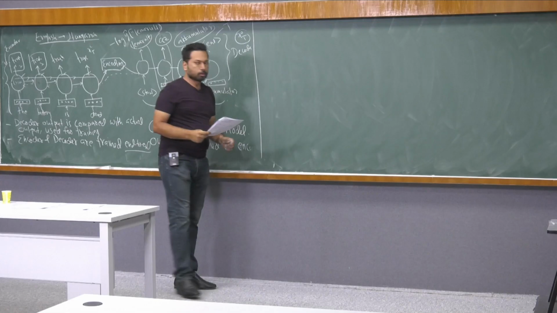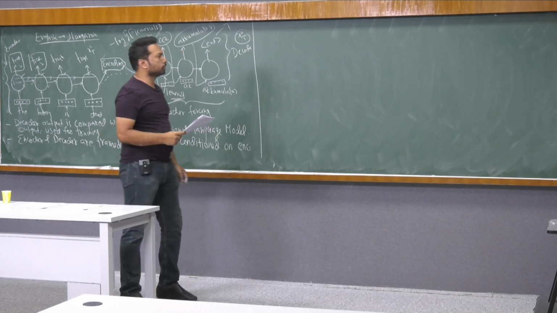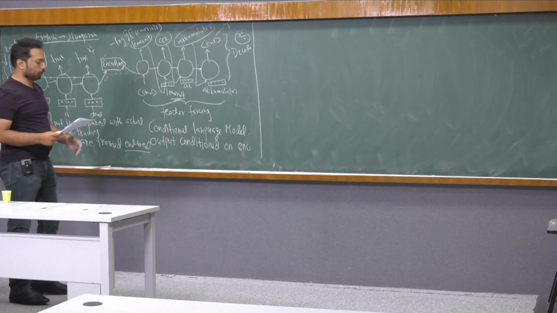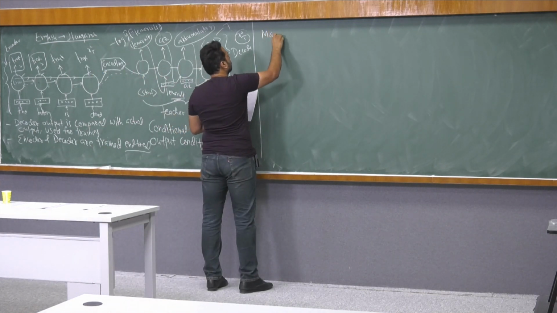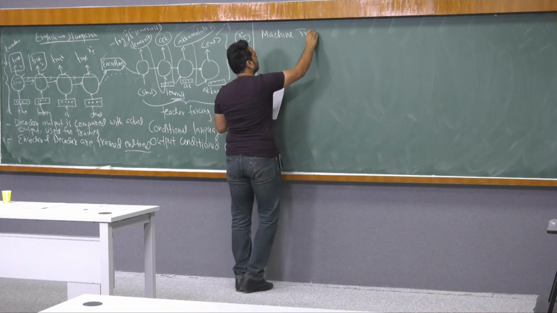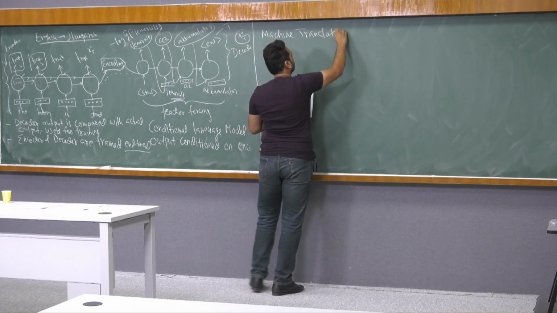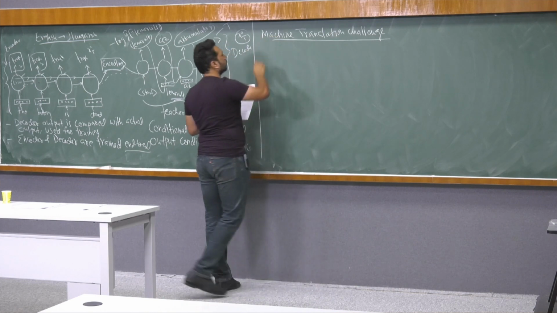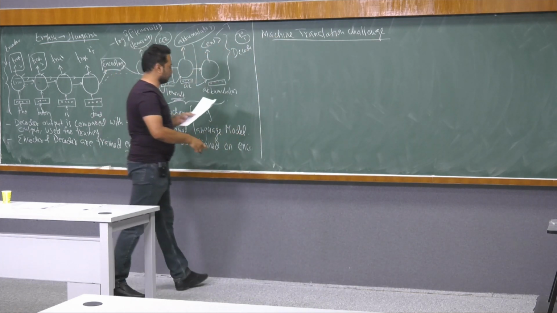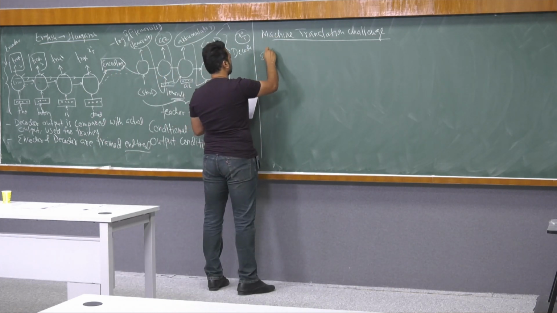As we have seen, language modeling is a very challenging task because of a lot of relationship and alignment issues and so on. So, machine translation. To motivate why I want to do attention, I will give some examples of the challenges.